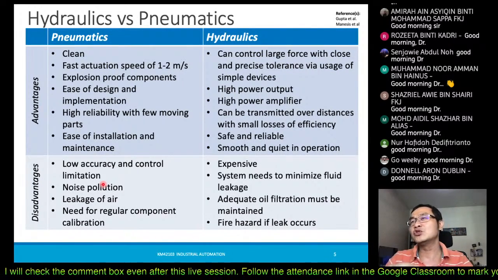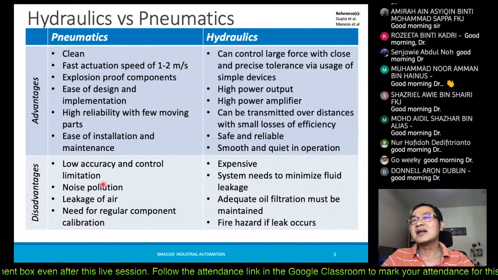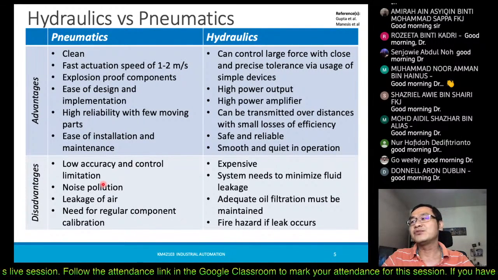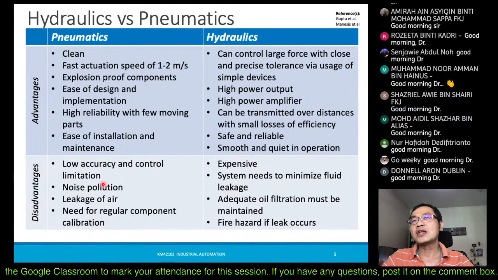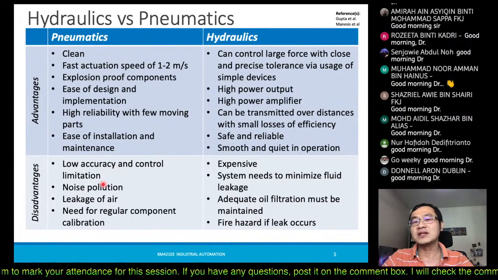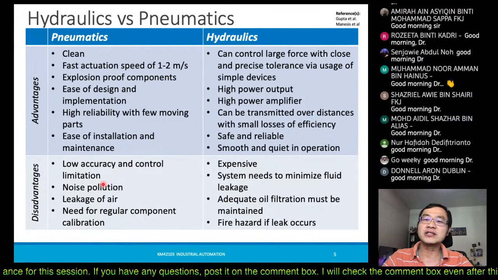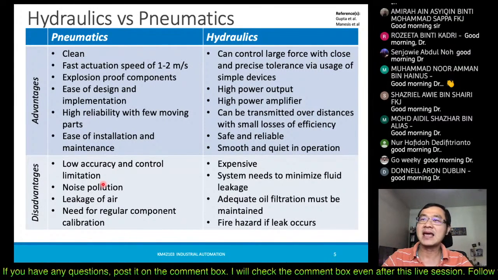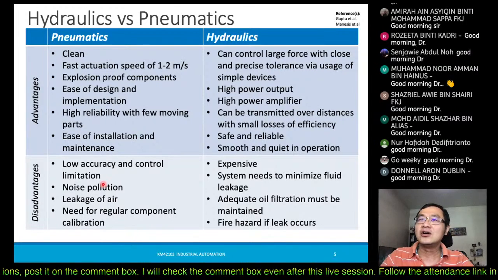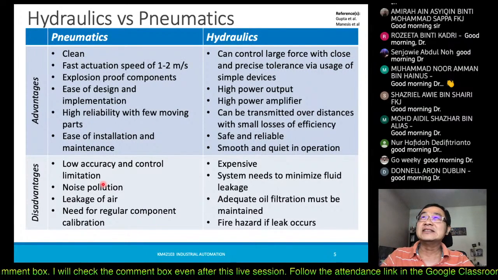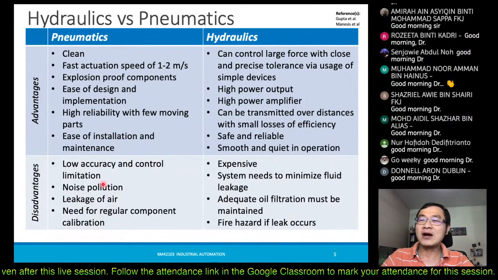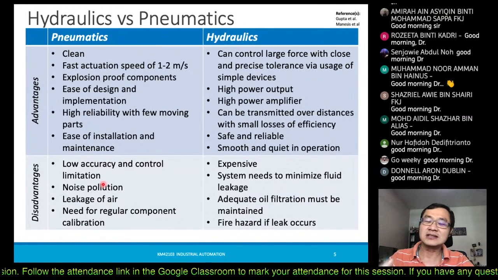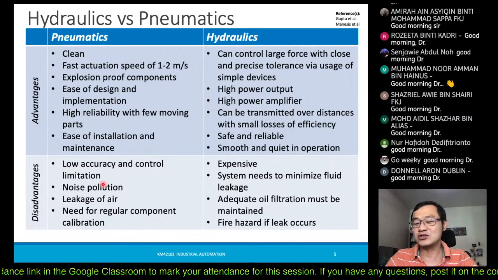You will immediately recognize that there is a lot of noise pollution when we use a pneumatic, especially when you have an air compressor within the same environment. The air compressor will keep compressing the air, then your pneumatic cylinders and so on will keep releasing the valve, so you will hear the sound of the releasing valve and so on.